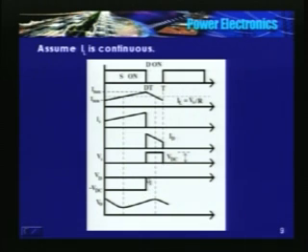At this point, switch is turned off, diode starts conducting, and it is 0 till the next cycle when S is turned on again.